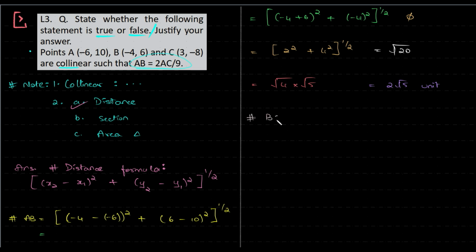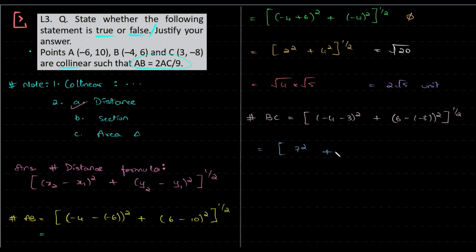Then we have BC, which is equal to (-4 minus 3) the whole square plus (6 minus of -8) the whole square to the power of half. And then we have 49. Or let me show this actually.